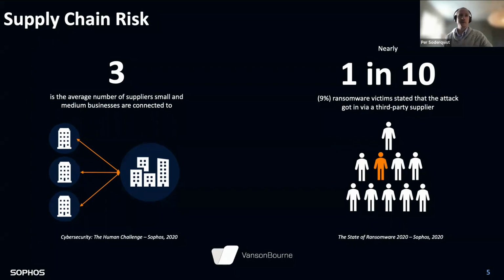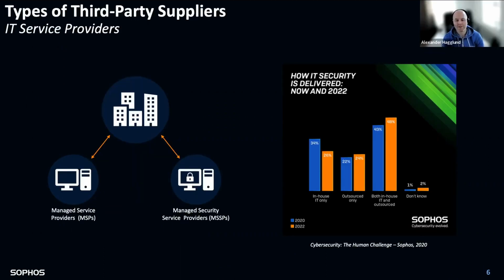Another very interesting statistic was that 1 in 10 stated that they got their ransomware attack through a third-party supplier. So we've seen a switch in how IT security is delivered to customers, with managed security service providers being more commonly used to deliver these services rather than having it in-house.